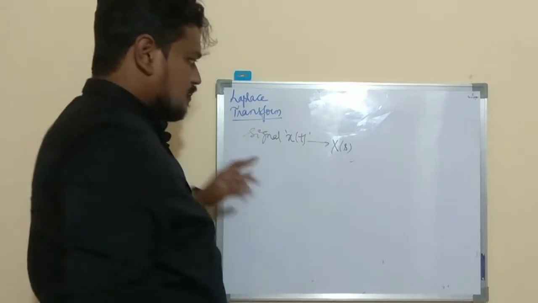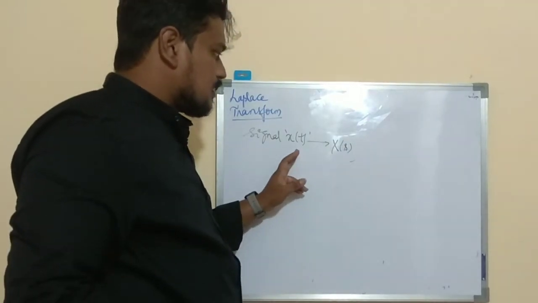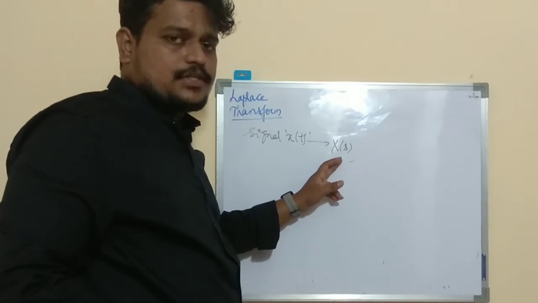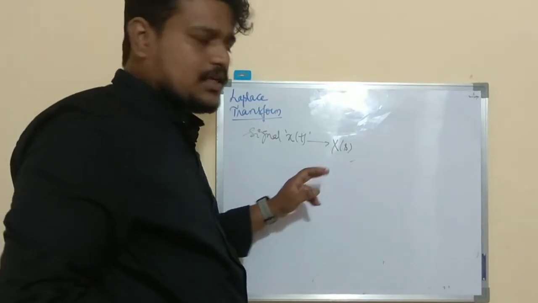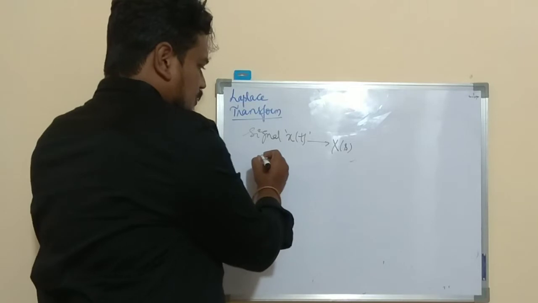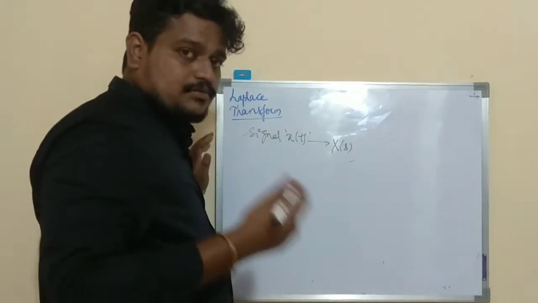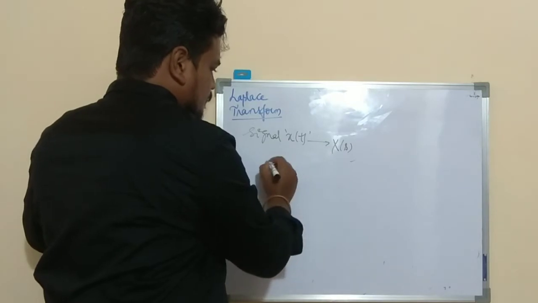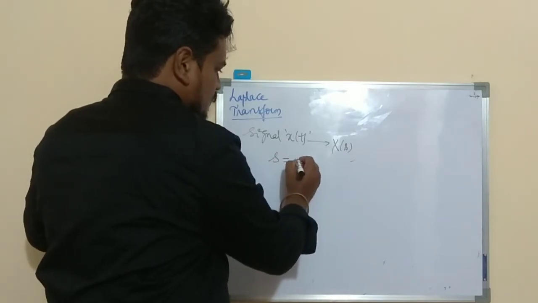This conversion is where you make the time domain into s domain. S domain means frequency domain. Here we will be dealing with an imaginary axis also. That means here s is j omega.